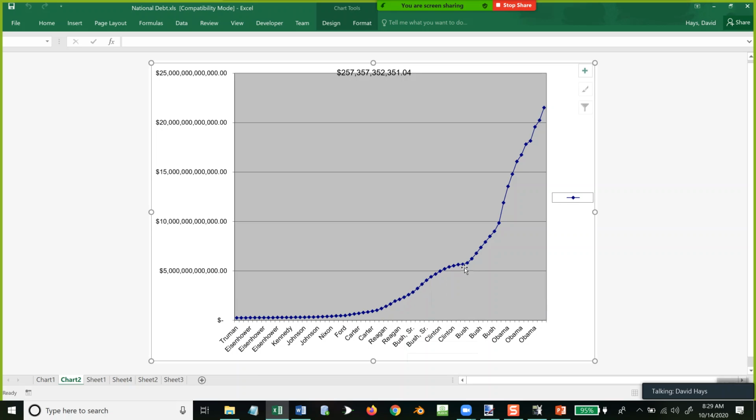Clinton about levels it off. If he had had another 4 years, you would have seen that actually go down under Clinton. Unreal what Clinton did in terms of the national debt. And then Bush Jr. took over, and you see it go up like that. Then Obama. And this last part is Trump, even though it's not showing it. I haven't updated this for a couple of years, so it might really be up there with all the borrowing they've been doing.